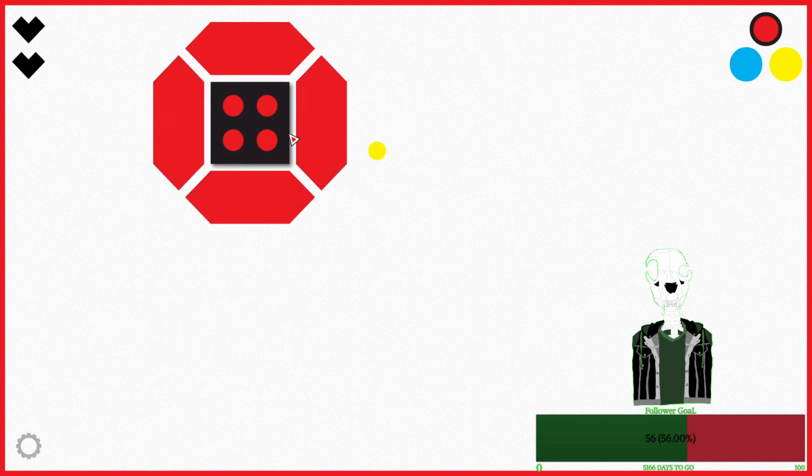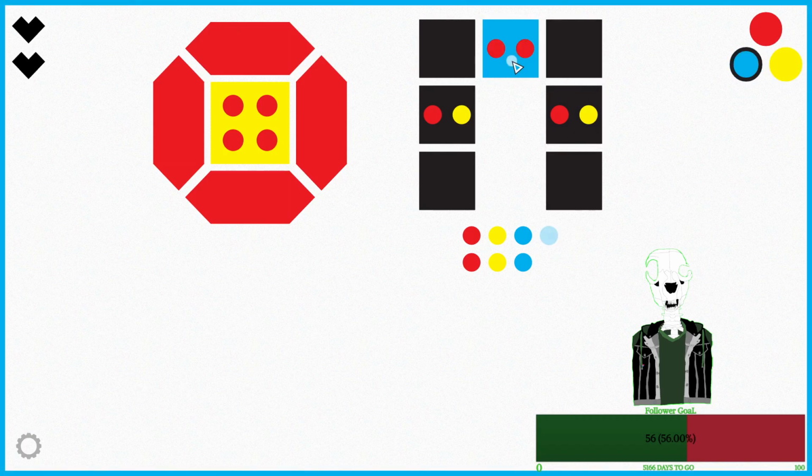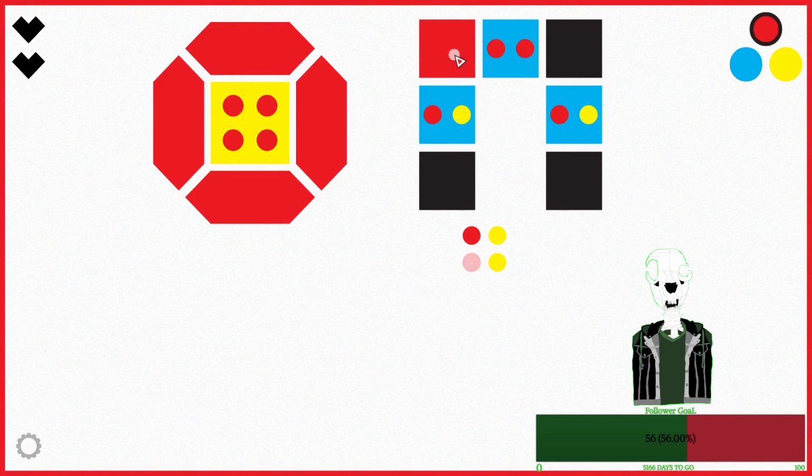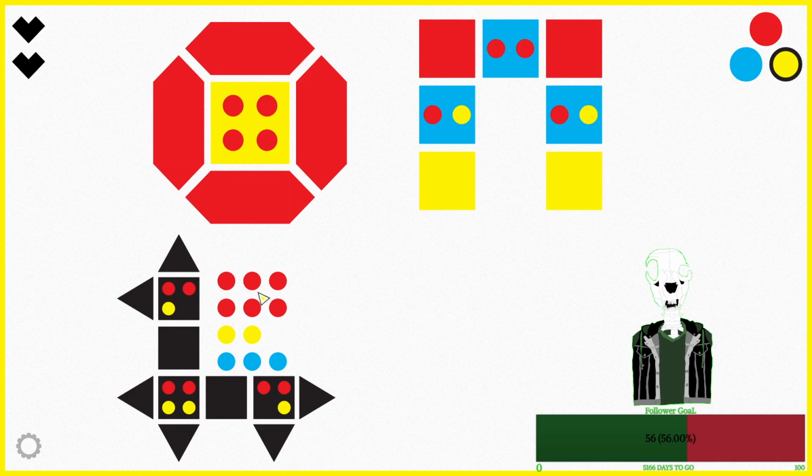It does tell us this is yellow. Oh, they disappear as we click on. That's cool. So, red and yellow, red and yellow. So I'm assuming these three have to be blue. I assumed right. I like these dots. This makes the game easier. Red and yellow, red and yellow, red and yellow.